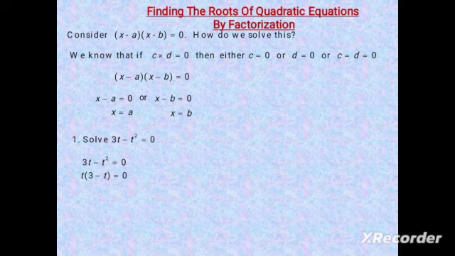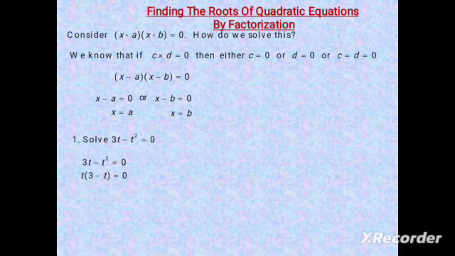Number 1, solve the equation 2x squared minus 5x minus 1 equal to 0. In this case, you are required to find the value of x by using the quadratic formula. Yes, you can solve it using other methods like completing the square or factorization, but if the question requires you to work it out using the quadratic formula, then you should follow that condition.